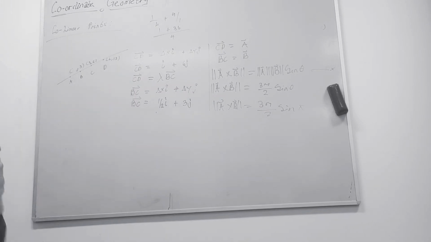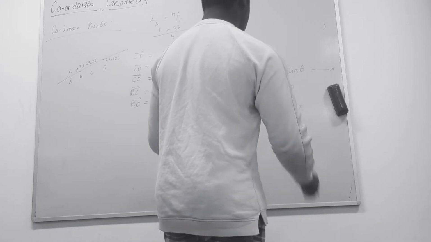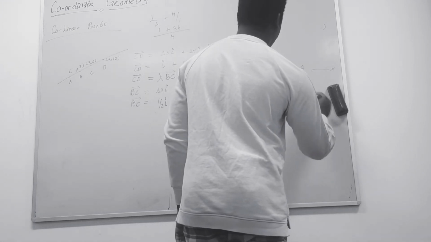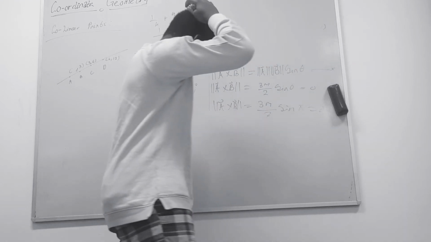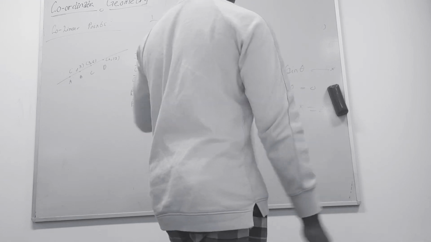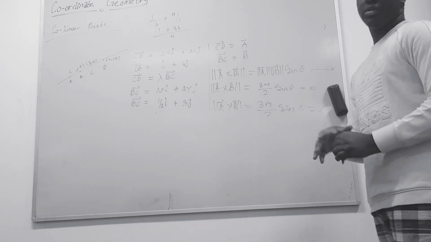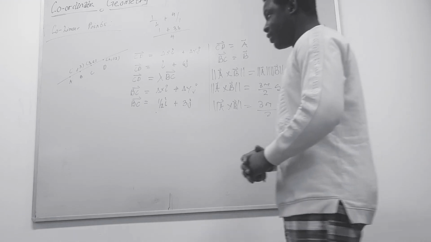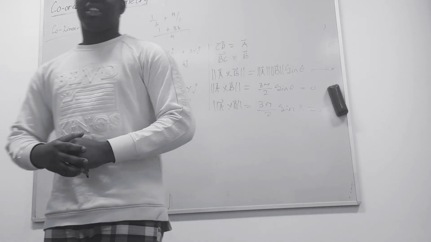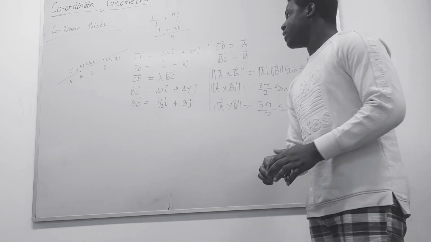This is a defining property of all collinear points. The answer is always equal to 0. So take two pairs of collinear points, take the magnitude of the cross product, and that will give you an answer of 0. That's a defining property of collinear points.